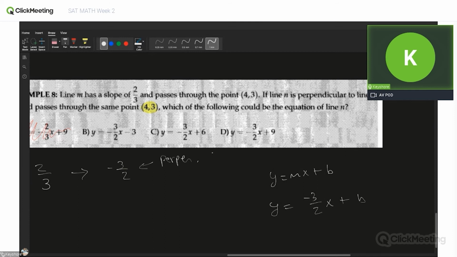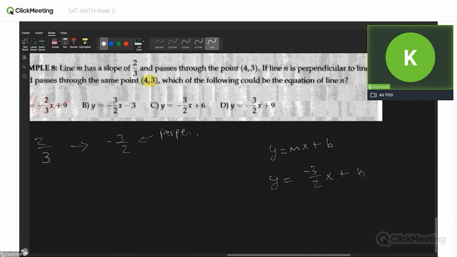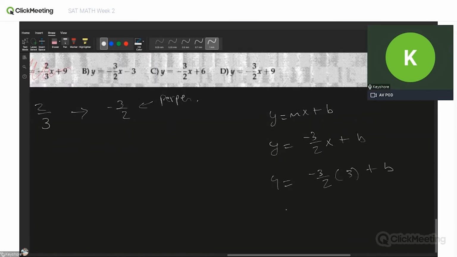And because they have the same point that it's passing through, we can just plug in this point, (4,3). So plug in 4 for x, 3 plus b. And then when I solve this out, I get 4 equals -9/2 plus b. And b equals, oops, sorry, one second, I made a mistake.